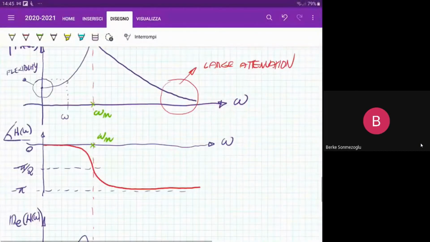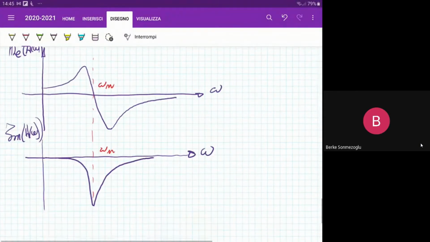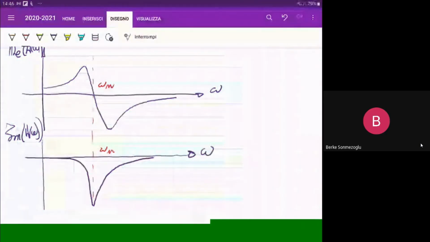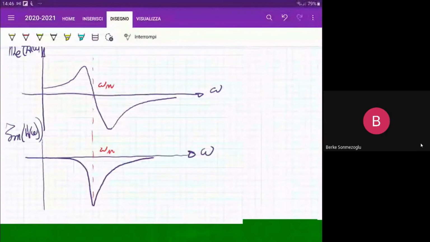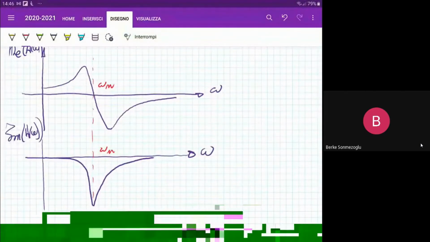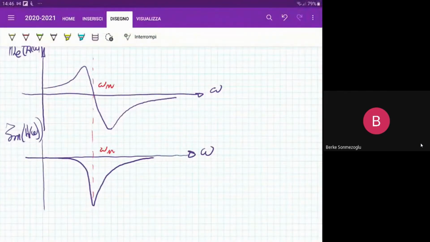And also when referring to the real and imaginary part, we can have additional crossings of the x-axis, both with respect to the real and imaginary part, corresponding to the different natural frequencies. And once again, we will have a local minimum or maximum of the imaginary part corresponding to the zero crossing of the real part of your FRF. And those conditions happen at a frequency equal to one natural frequency of the system.